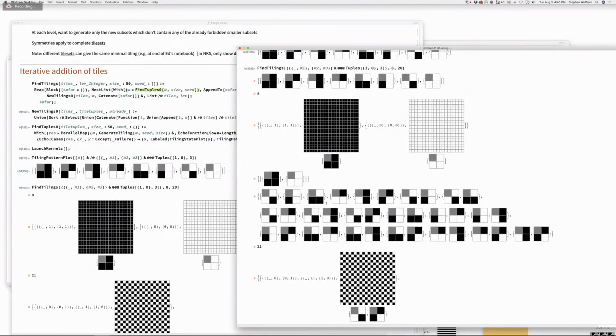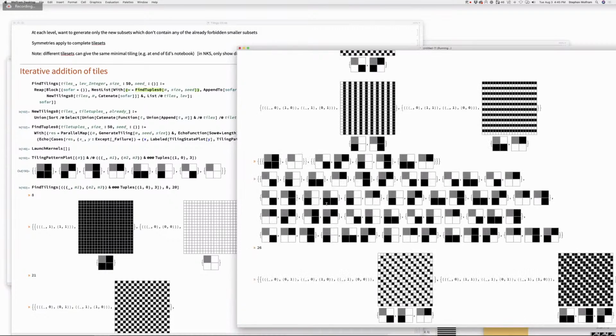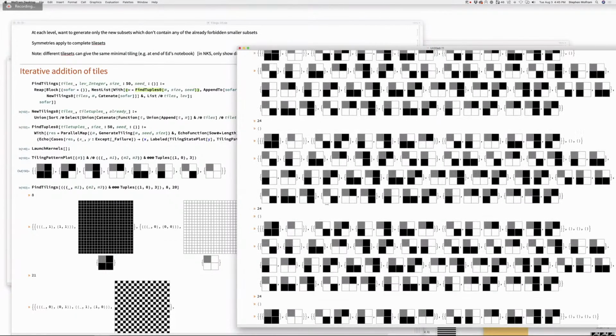Okay, here we go. So now, what are the 24 survivors? Oh, it's not getting rid of the survivors. Oh, look. These are the survivors here. Now, what should it be doing there?